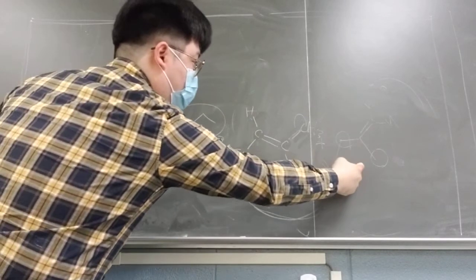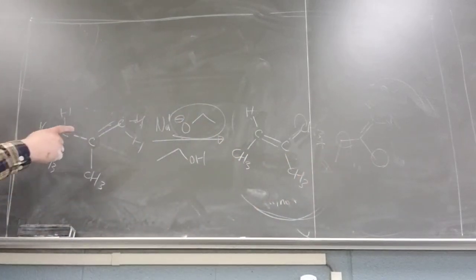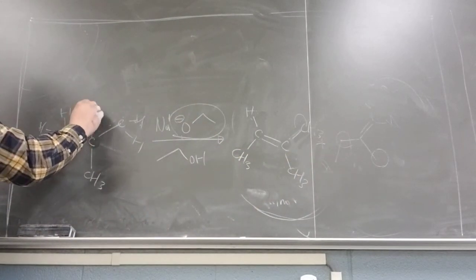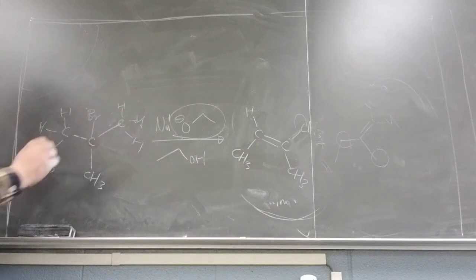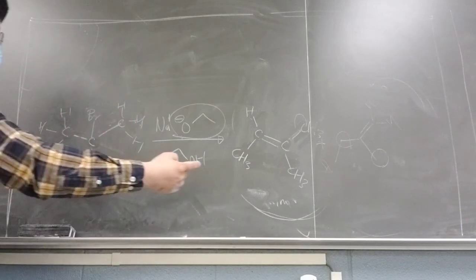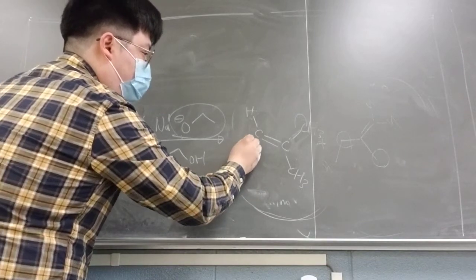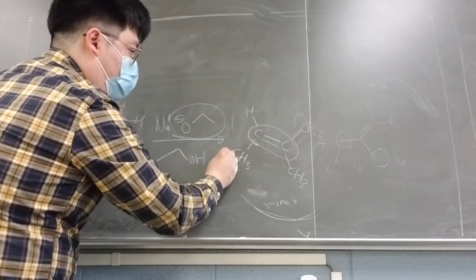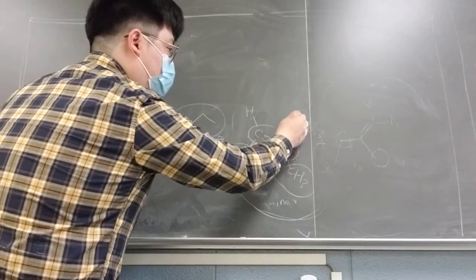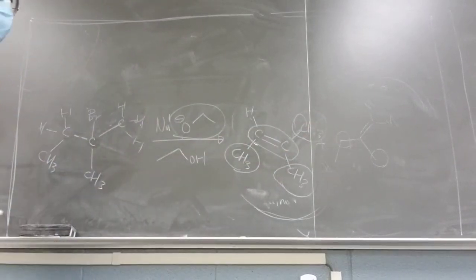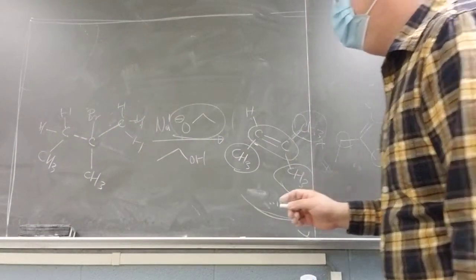So it depends on which hydrogen is taken by the nucleophile. They have two products, but this will be major because these two carbons are surrounded by three carbons, three R groups. This is only two.